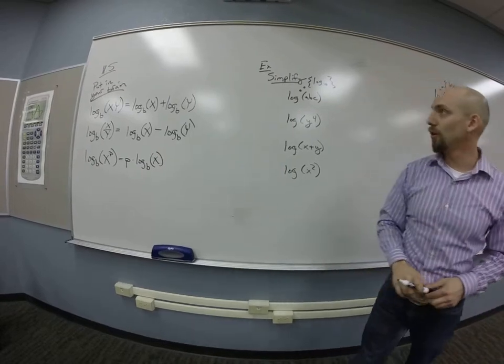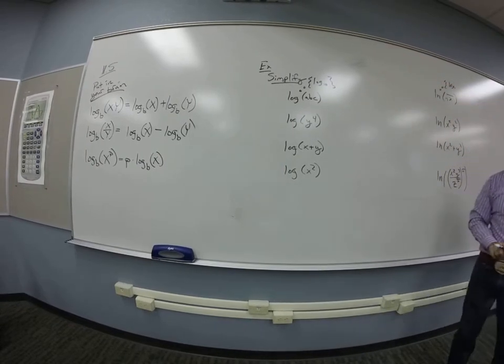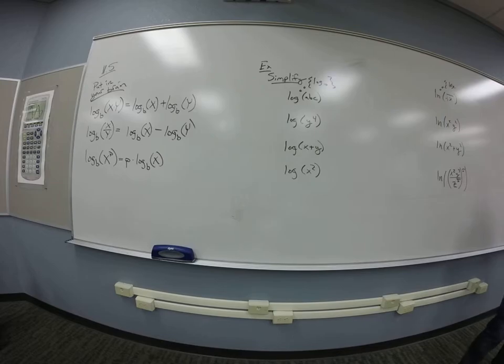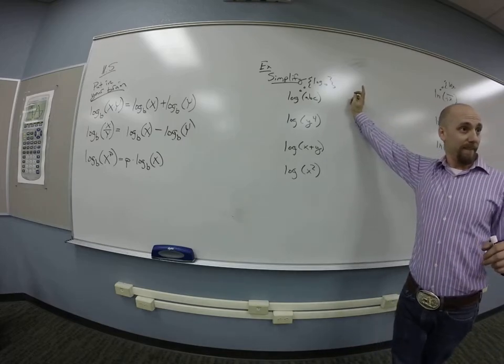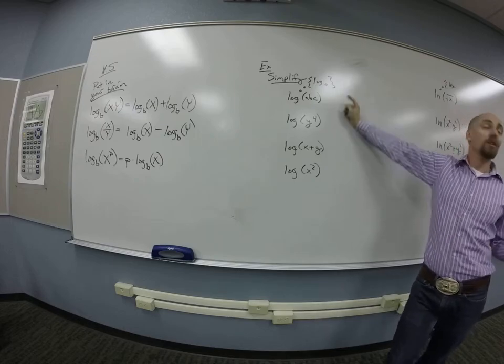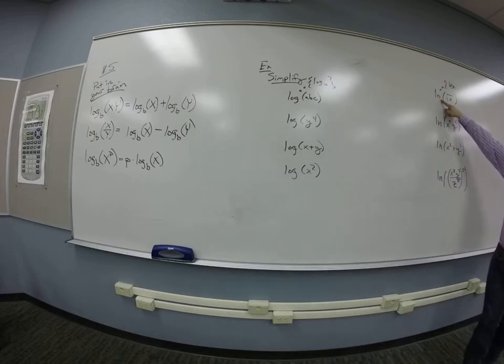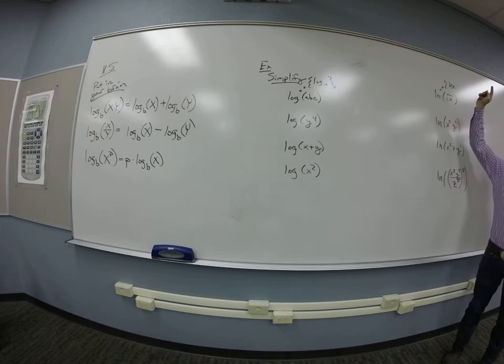Okay, so let's do a whole bunch of grab bag examples out of 11.5. Cool. The fundamental thing that we should learn, maybe, is that when I write log without a base, I mean log base 10. When I write ln, I mean log base e.